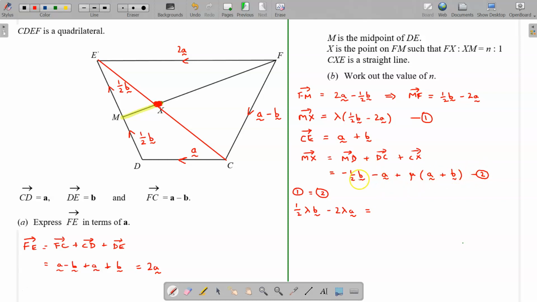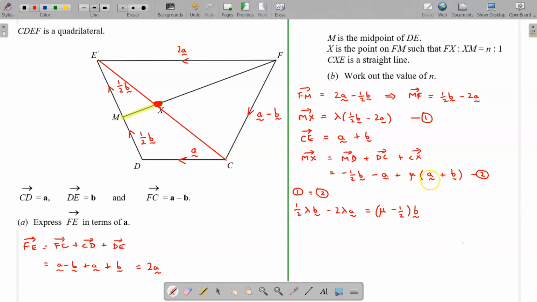Now, let's put all the b terms together. So I've got minus a half b plus mu b. So I've got mu minus a half, lots of b. And I've got my a terms. I've got minus a plus mu a.